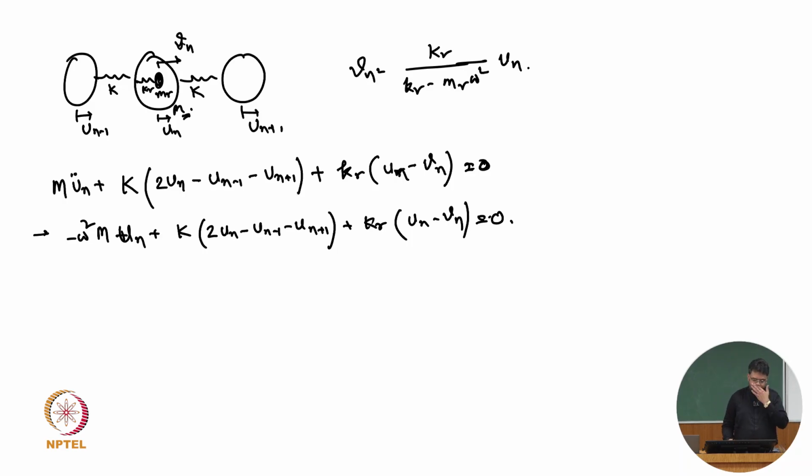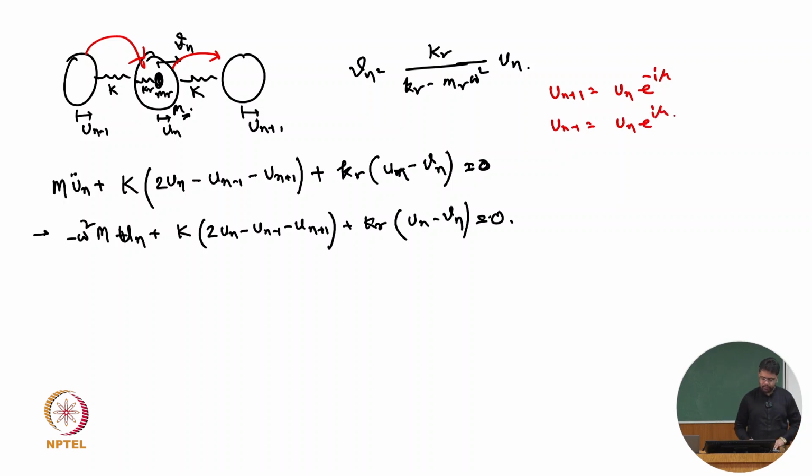Okay. And also, if we think, just recall the Bloch theorem, because they are periodic. So here to here and here to here we can use the Bloch theorem. So u_{n+1} should be equal to u_n e to the power of minus i mu, and u_{n-1} should be equal to u_n e to the power of i mu.